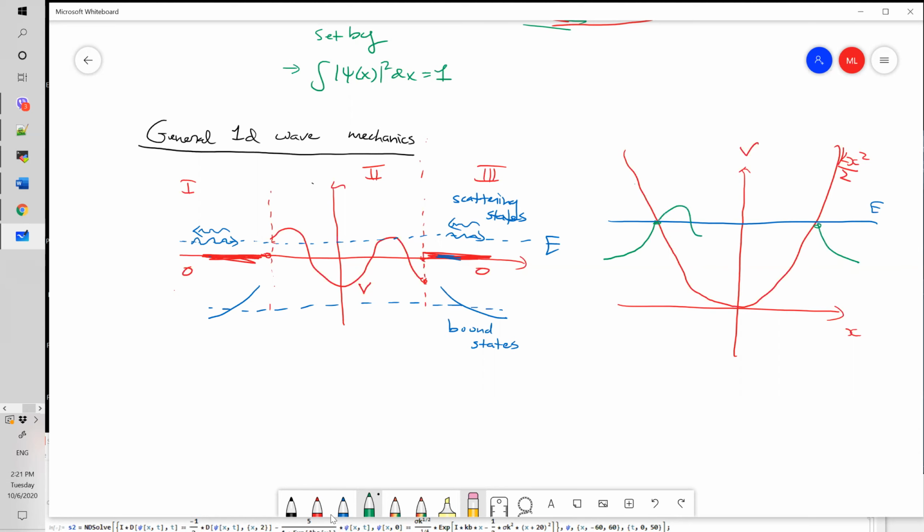In here, they'll have oscillations, and it'll be complicated because the potential is varying. We can imagine slower wiggles out here and faster wiggles in here because there's more kinetic energy. The wiggliness tells you how much momentum you have, so there's more momentum in the center. There should be lots of wiggles here, then it slows down a bit, and out here it's exponentially decaying. We know these will be bound states.